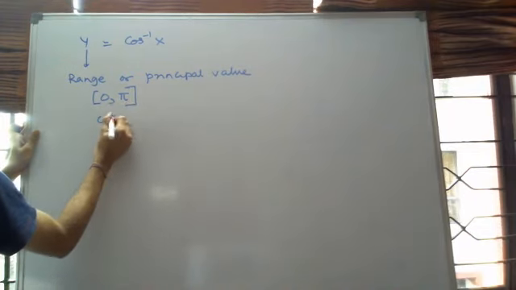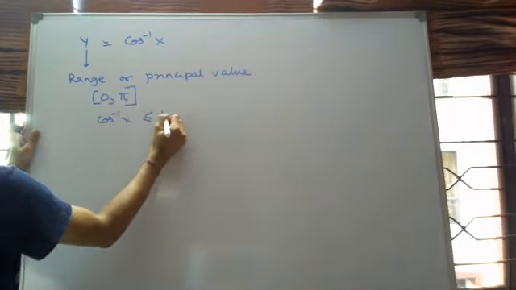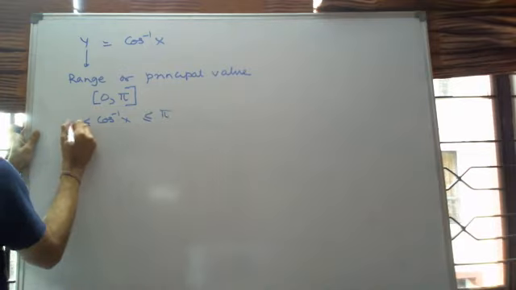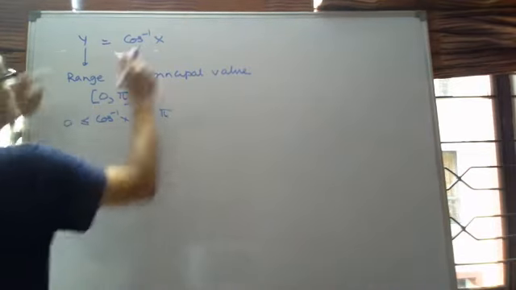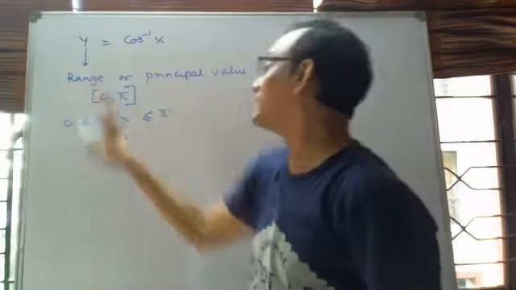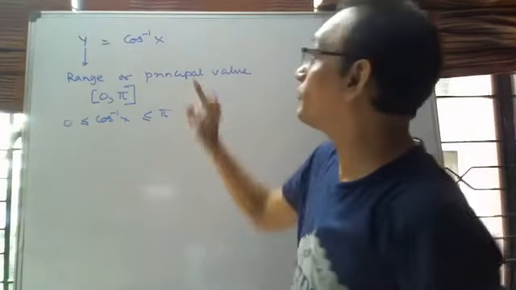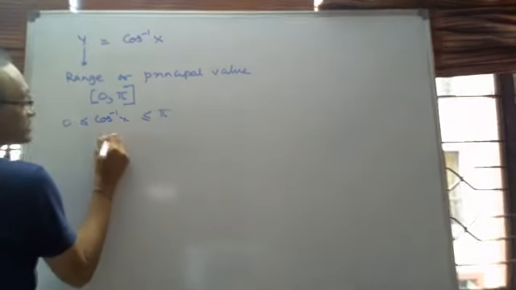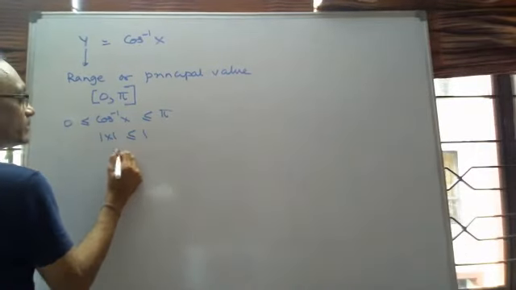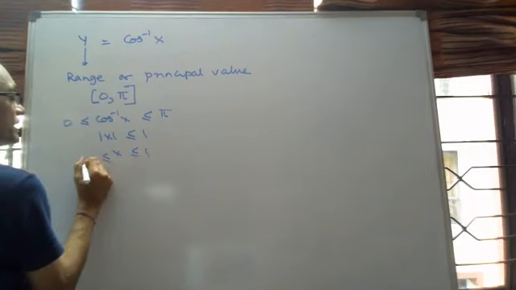Cos inverse x will always assume values from 0 to pi. Find that angle: cos inverse x will be that angle y that lies in the interval 0 to pi. And like before, the numerical value of x should always be less than or equal to 1, that is, less than or equal to 1 and greater than or equal to -1.